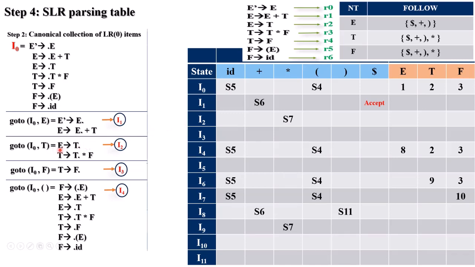In the follow of this E. But what do we have to write? Which production number is this? E tends to T dot is the production number R2. So we have to put this R2 in the follow of E in I2.